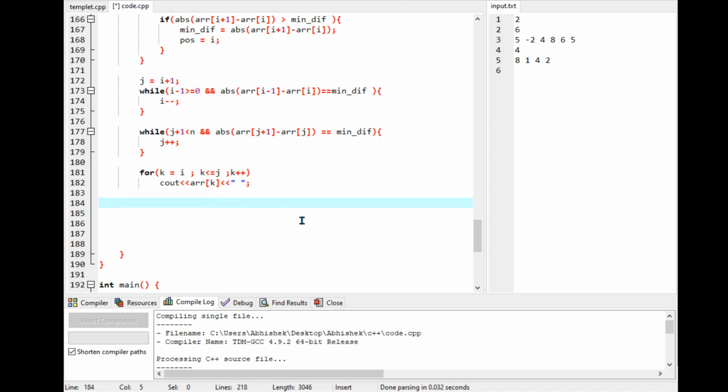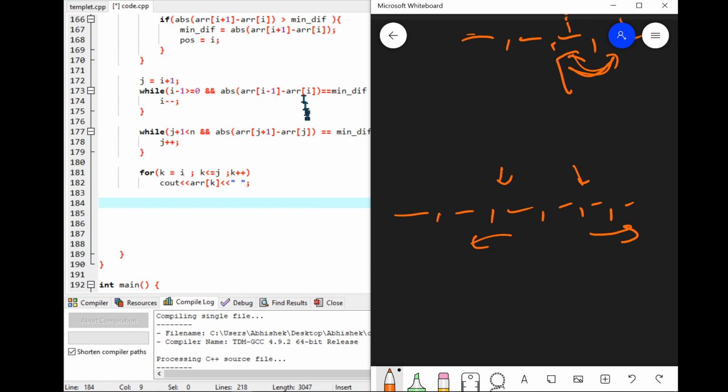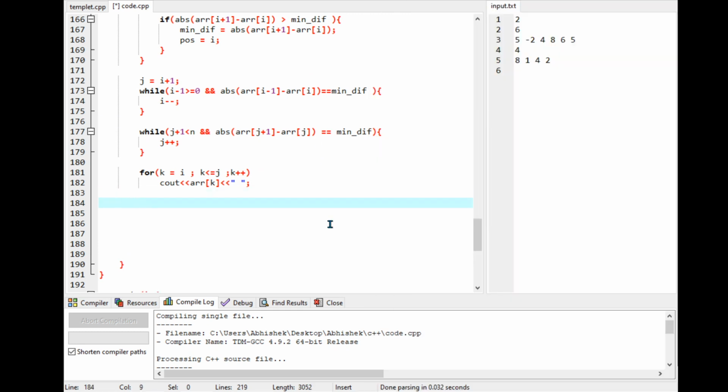Okay, so now how would we do that? We have to just plan a way. So we will use something somewhat similar to the merge sort approach.